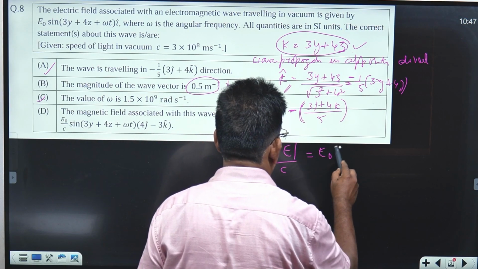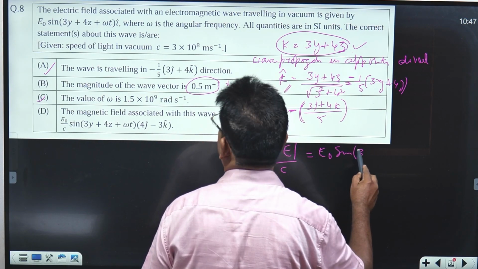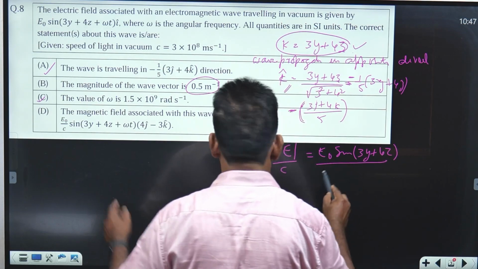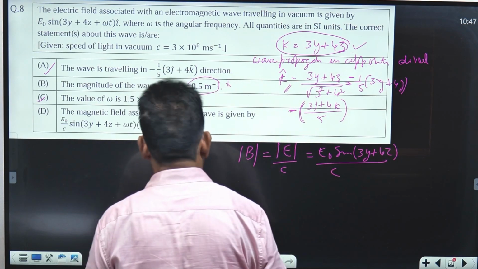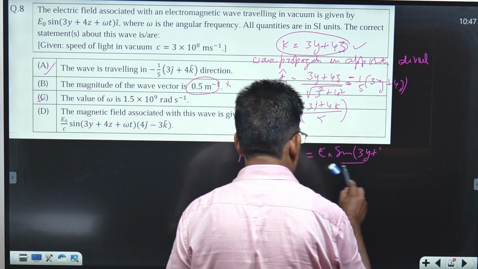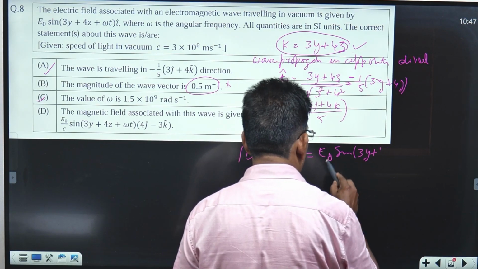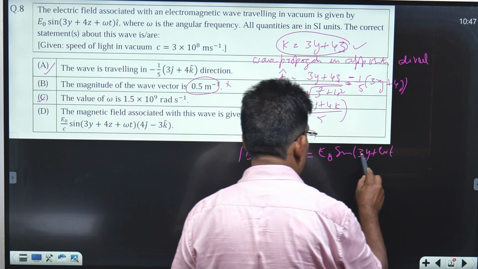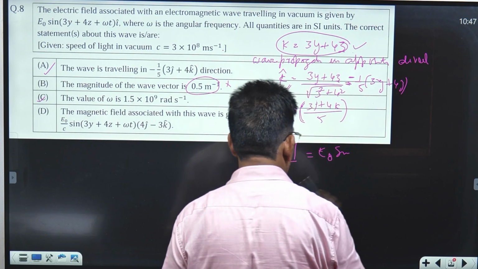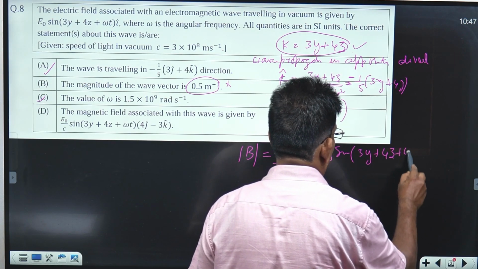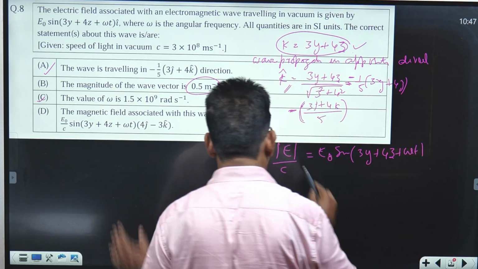E0 sine of 3y plus 4z plus omega t. So the magnitude of the magnetic field vector is E0 by c sine of 3y plus 4z plus omega t.